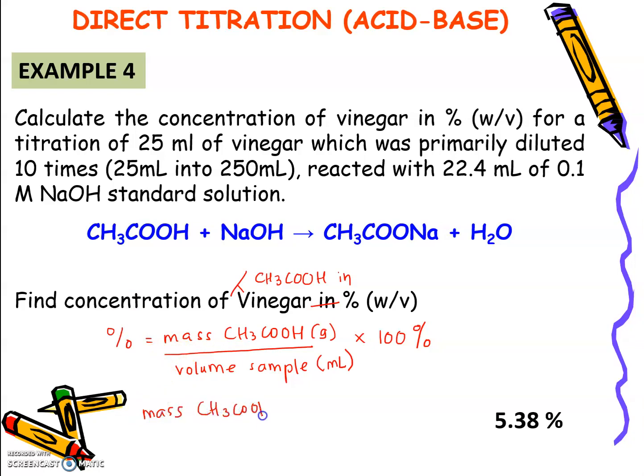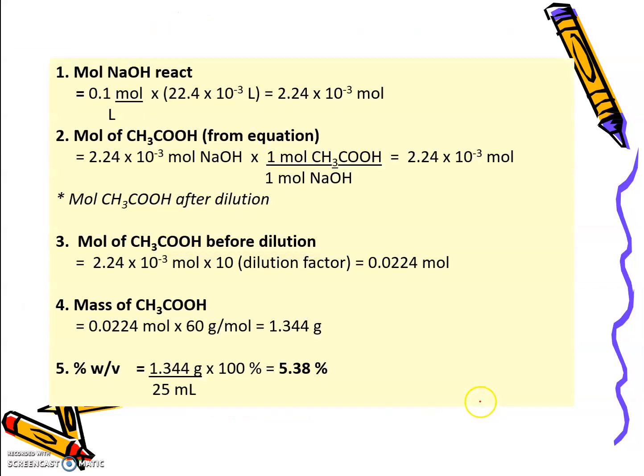Next you have to find the moles of acetic acid from the equation. Before that, you have to know the moles of sodium hydroxide that react with the acetic acid. So we go to the solution.